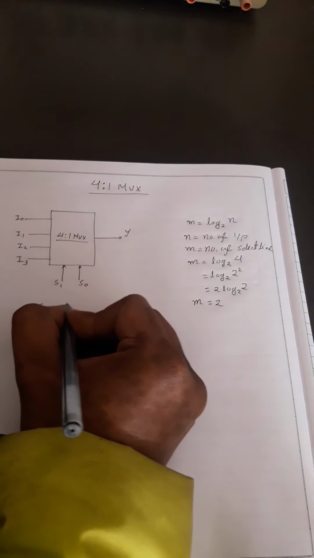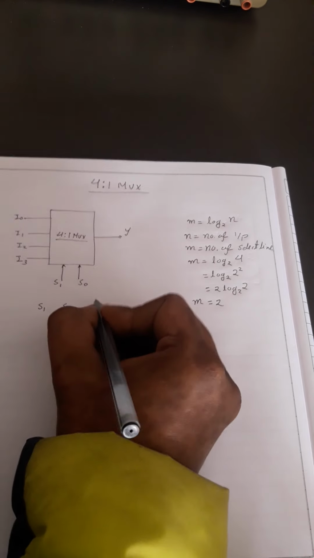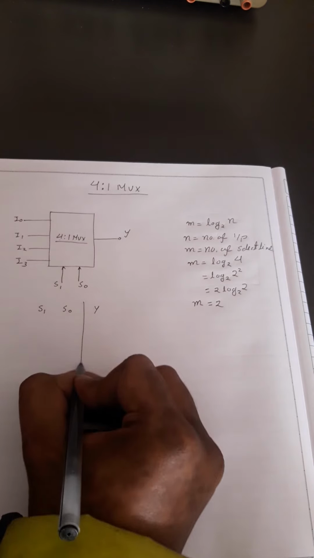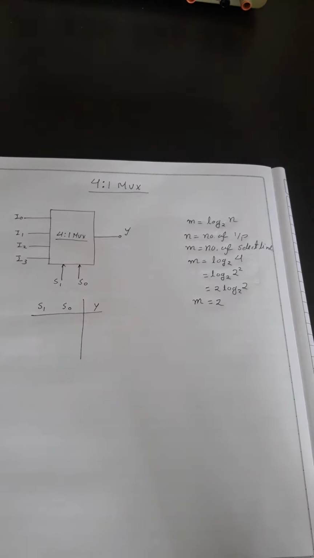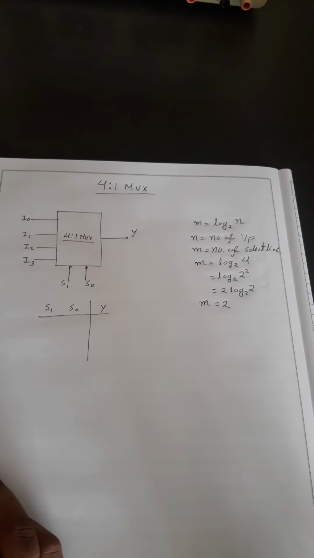So we have 2 select lines S1 and S0, and Y is the output. Now we'll see which input will be selected according to the combination of S0 and S1.